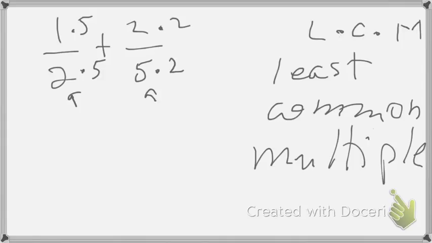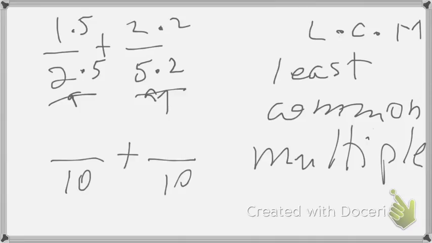Yeah? And because of that, now this here is what? That's 10, isn't it? 2 times 5 is 10. What about this one here? 5 times 2 the same, 10. And then here in the numerator, that should be 1 times 5 is 5. And 2 times 2 is, that's right, 4.